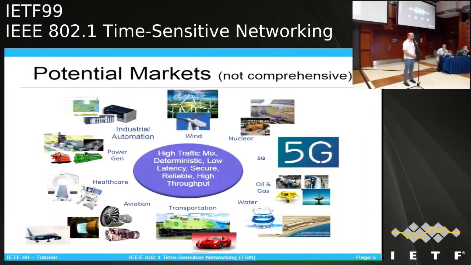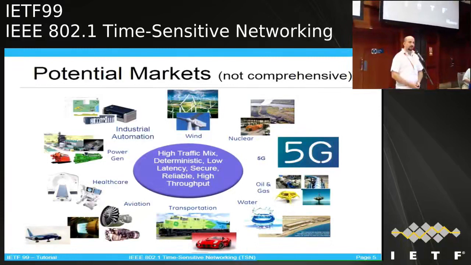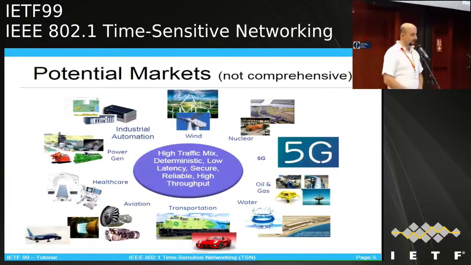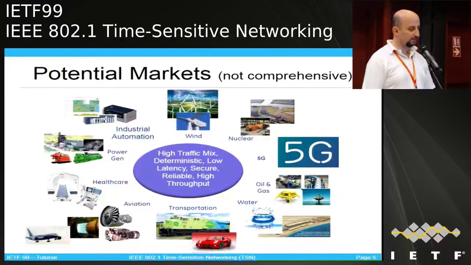Automotive or vehicular networking is very keen on having Ethernet in the car, controlled by TSN tools. And you see many others, including 5G, that can also leverage TSN. There is work going on on how to provide Ethernet transport for the fronthaul interface, which is part of 5G.